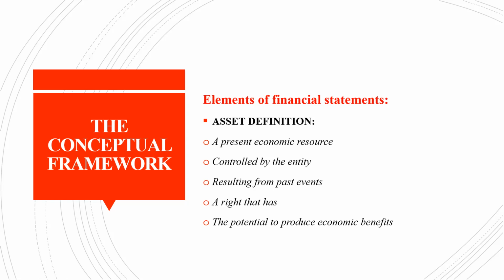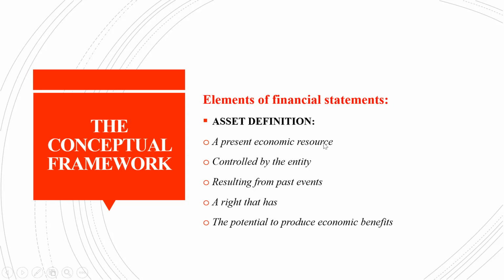For an asset to be considered a present economic resource, there has to be an element of a right that the organization is eligible to exercise. So if there's an economic resource, it means that there is a right that the organization is allowed to exercise.